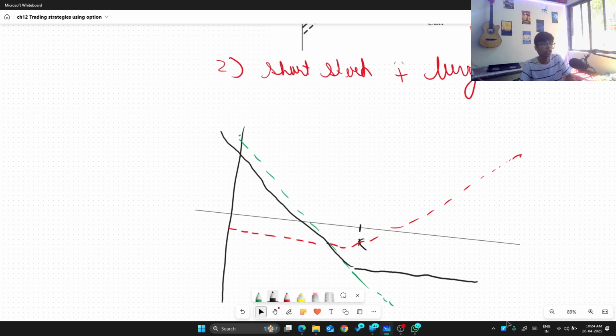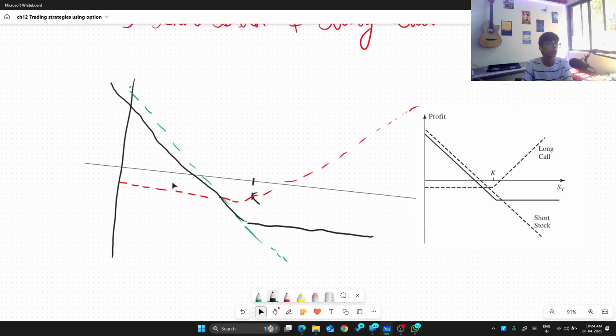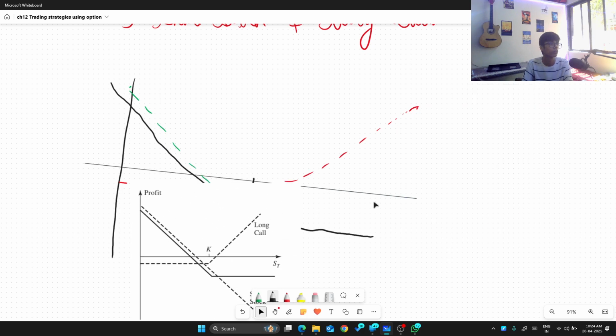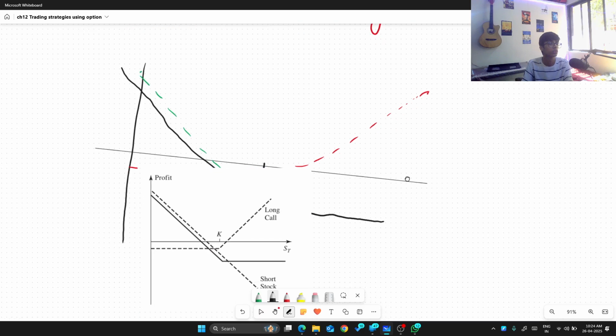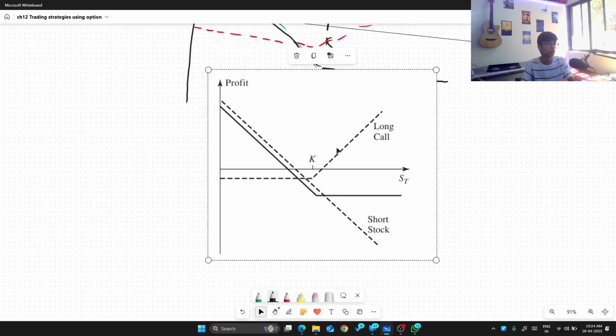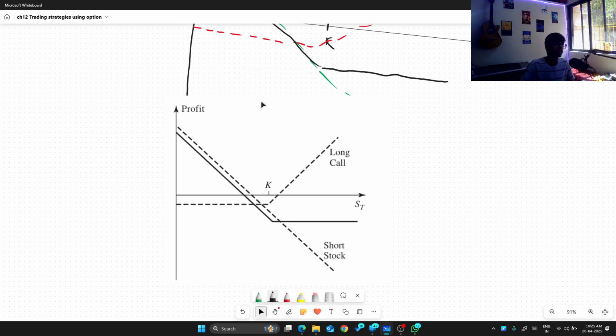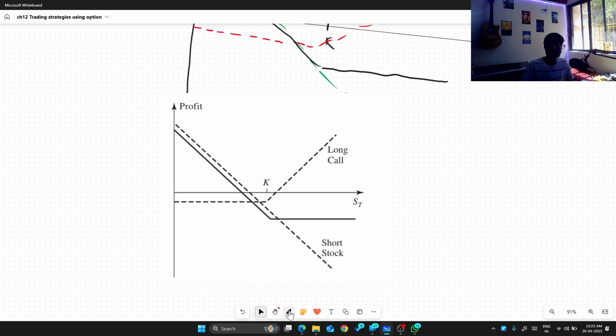And its diagram is, for a proper diagram, you can see, right? This is also, you can think, the reverse of covered call, right?